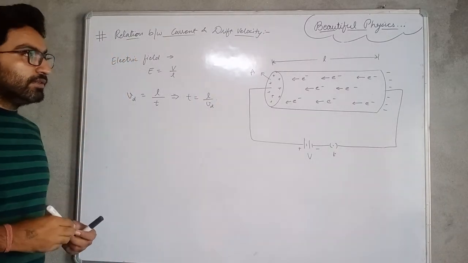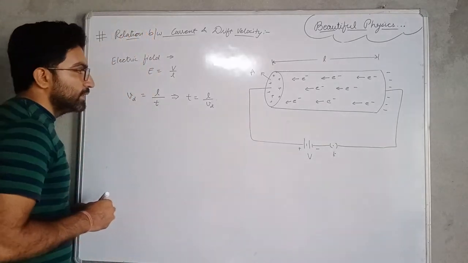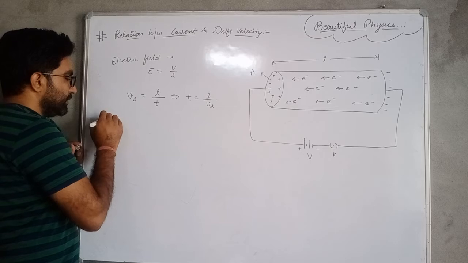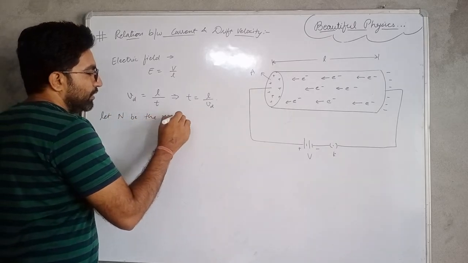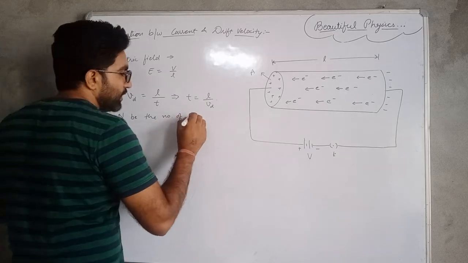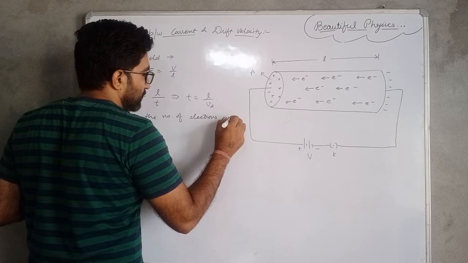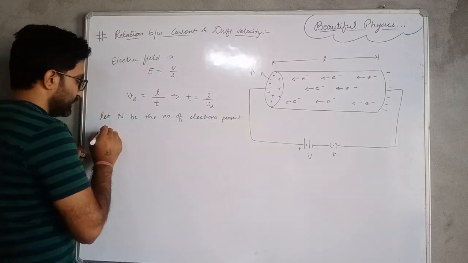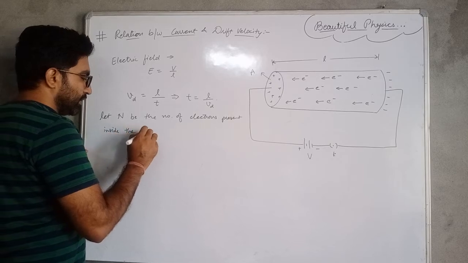Next we have to find the charge. Let N be the number of electrons present inside the conductor.